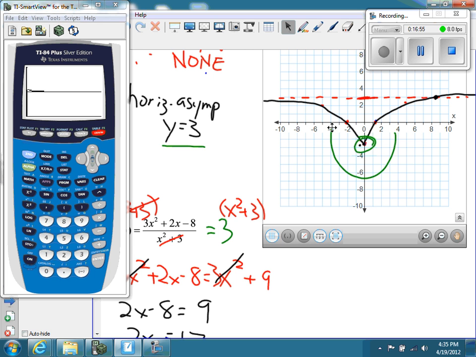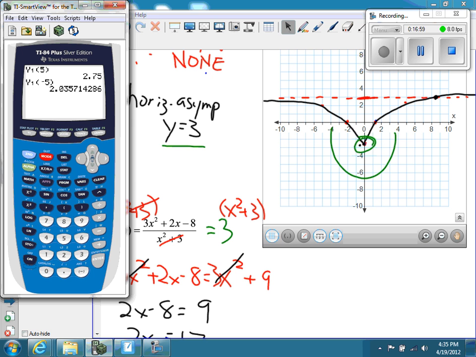The other thing that I did was I went second quit, and I did, let's do alpha F4, and I want to evaluate this function when x is equal to, let's do 100. It's right about 3. And if I go alpha F4, and I do it again, I want to evaluate it when x is equal to 1,000.